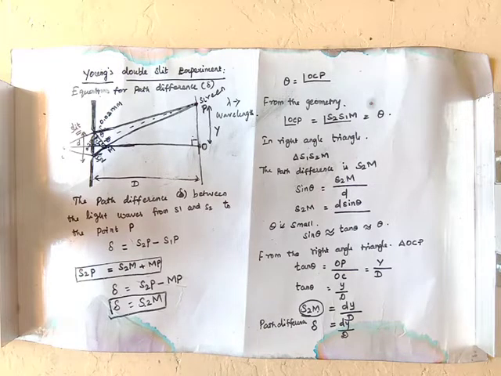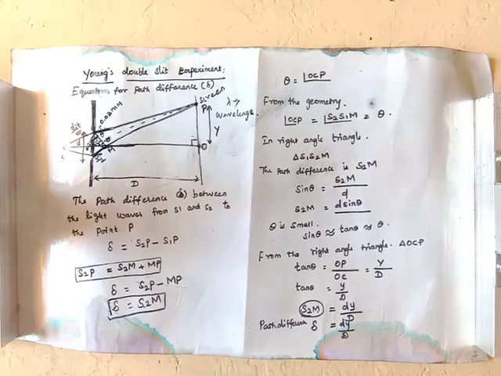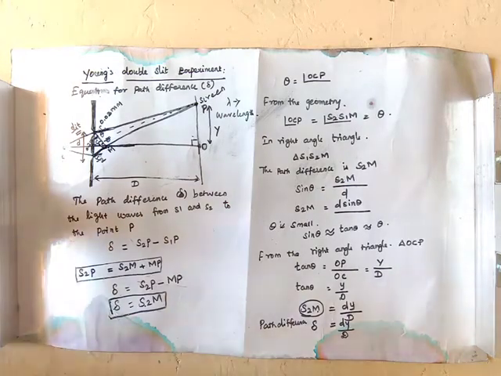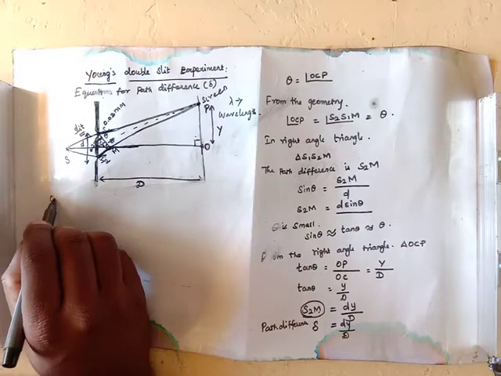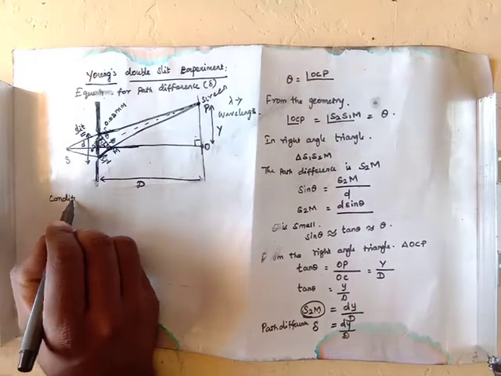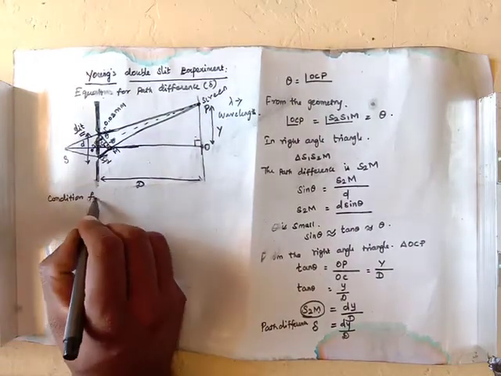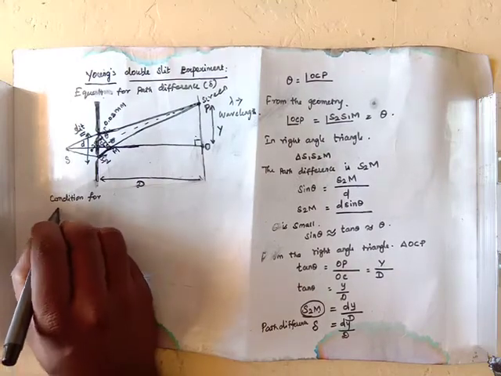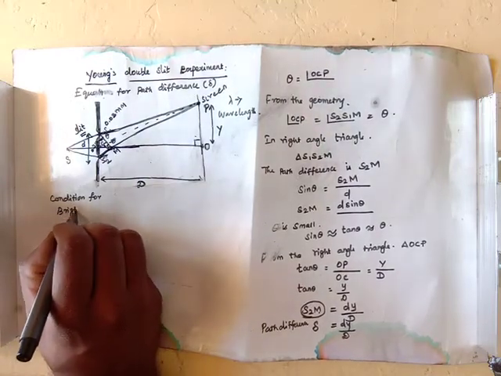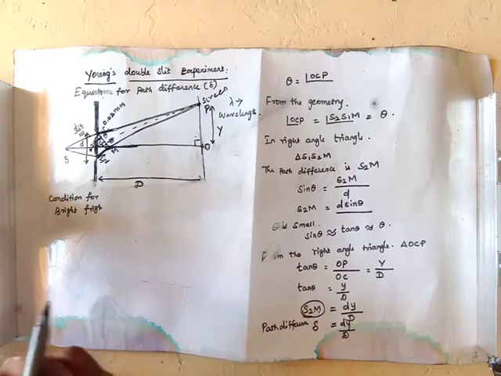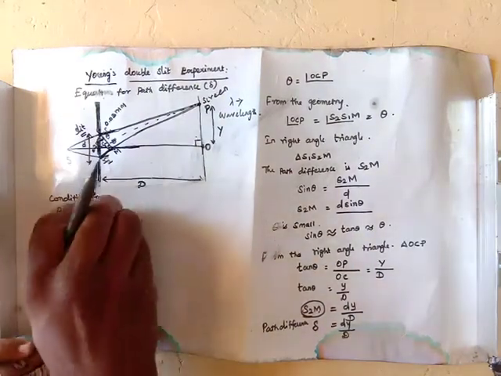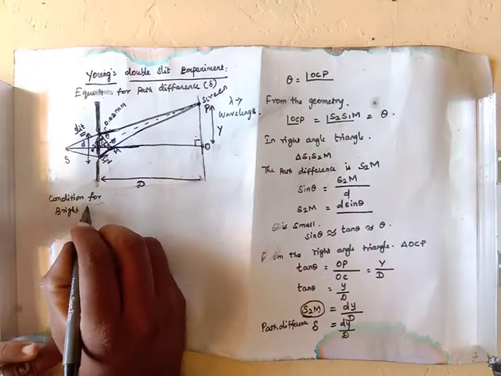It is substituted in this equation, and we can get the path difference for the bright fringes and dark fringes. First we are going to discuss the condition for bright fringes.